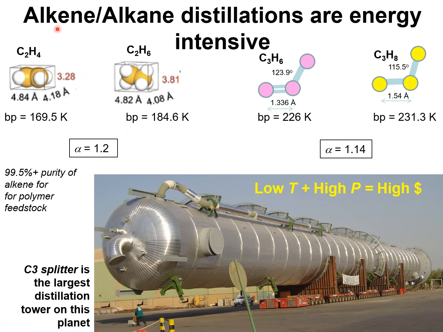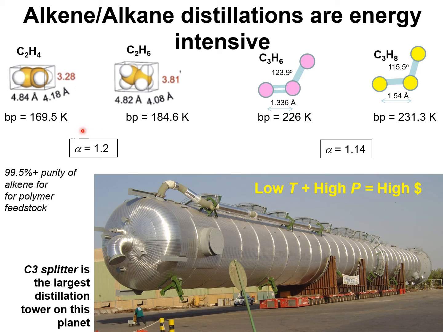The industrially important separation of alkene-alkane mixtures is currently carried out in distillation columns. Let's consider, for example, the separation of ethene from ethane.